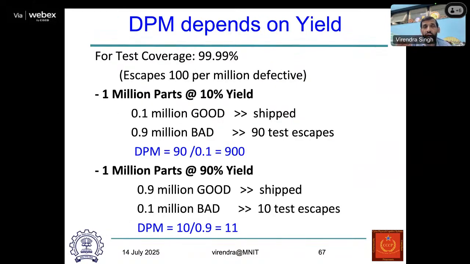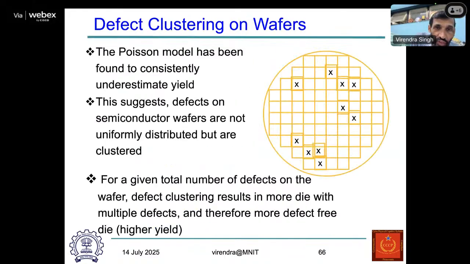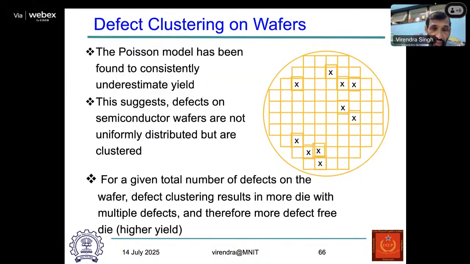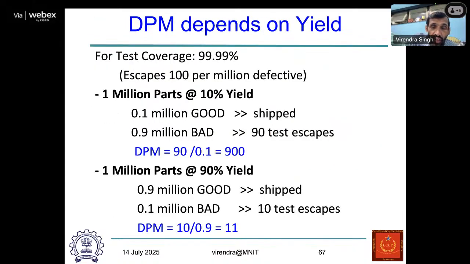Now this kind of yield puts more pressure on how good we are in testing. Let's say my test can cover 99.99% of the defects, or faults, that can happen on my chip.